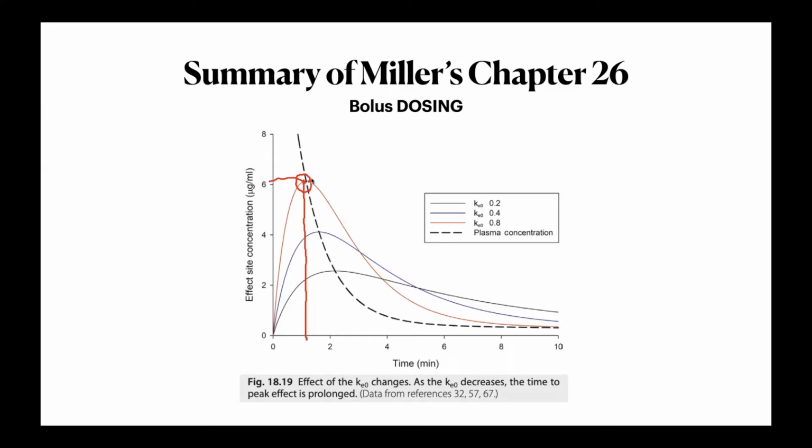So all that matters is the time to equilibration. So a large KO means a faster time to equilibration. And for a bolus dose, because it equilibrates faster, it reaches a higher plasma concentration, okay? Versus a smaller KO, which takes longer to equilibrate, it equilibrates at a lower concentration.